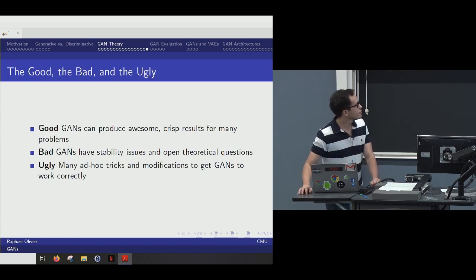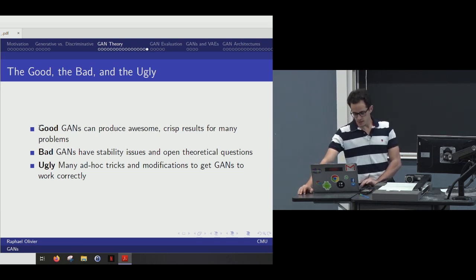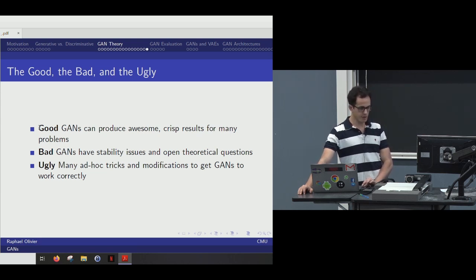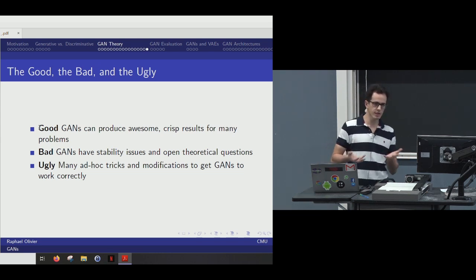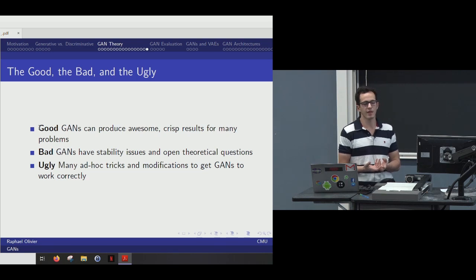So just to sum up, the good, the bad, and the ugly. The good is the results that GANs have. They can do some awesome things that look completely photorealistic in the case of images. The bad is the stability issues that they have, as well as the fact that, theoretically speaking, we've seen a little bit, but it's not that grounded.